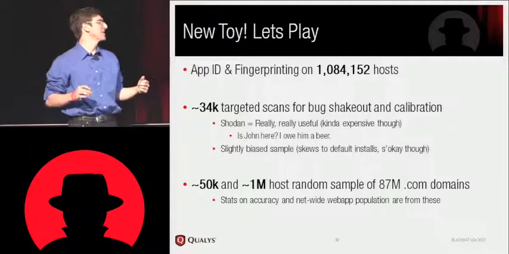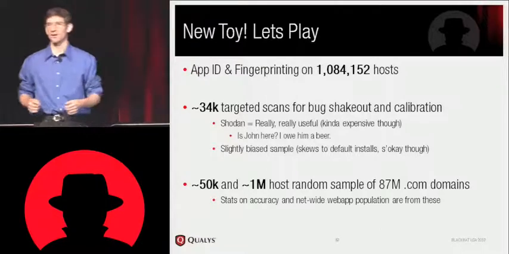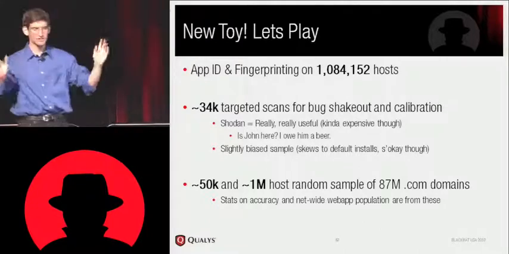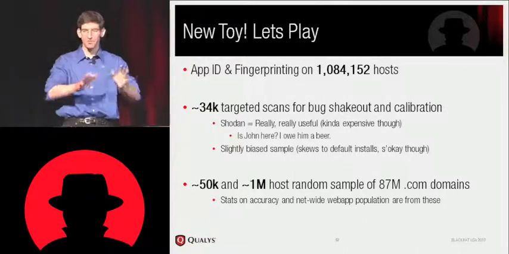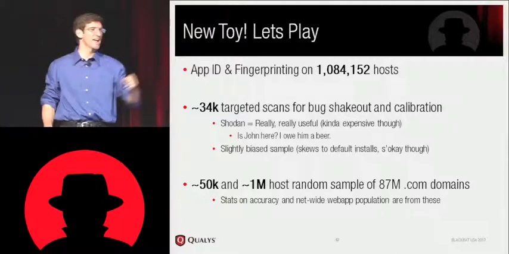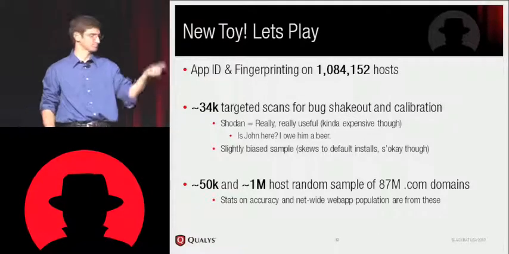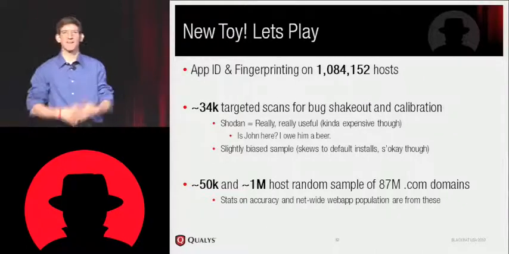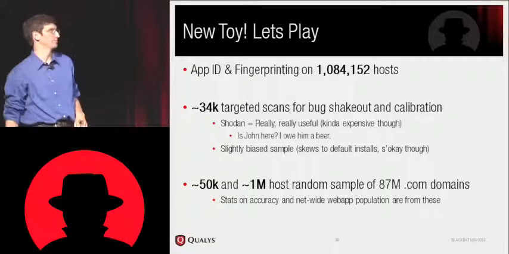Okay. Then got a dump of 87 million .com domains. And said, okay, let's go and do app guessing and then fingerprinting on all of those. So discover if there is a supported app there, and then go ahead and fingerprint it and see what version's there, and take the results from that and see what interesting stuff cropped up.